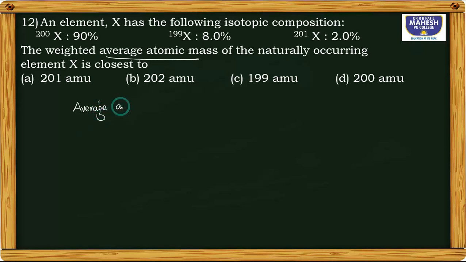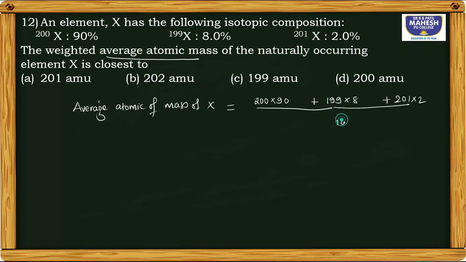The average atomic mass of X is equal to 200 into 90%, one isotope, plus 199 into 8%, another isotope, plus 201 into 2%, divided by 100, the total percent. So 90% of it is 200, and so the answer is close to 200 only. So it is option D.